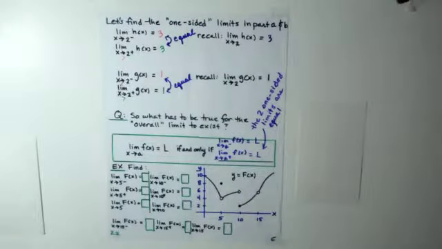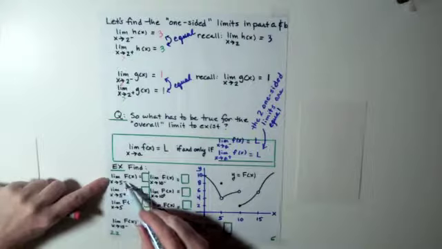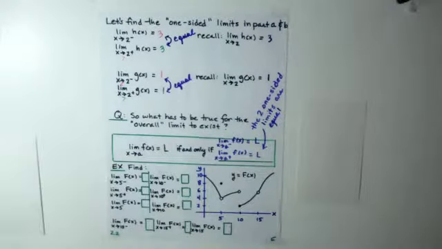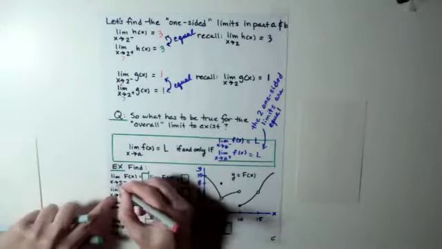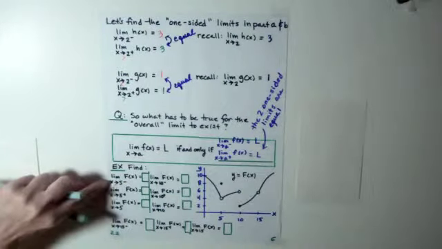Okay, let's see if we can do this one together. First thing I'm asked to do is find the limit as x approaches 5, and notice the minus sign, so that's from the left. So remember that that means I am looking at values x that are a little bit less than 5, or to the left of 5.